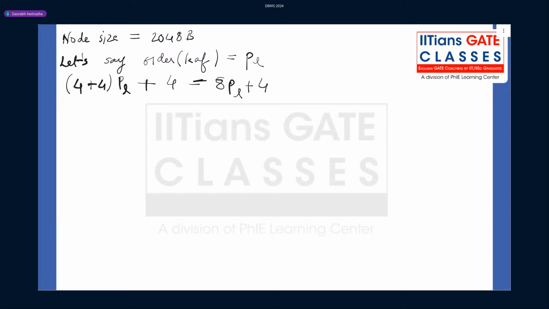If we want to maximize PL, 8PL plus 4 should be equal to 2048 bytes. That is when PL will be maximum, utilizing the entire node size.